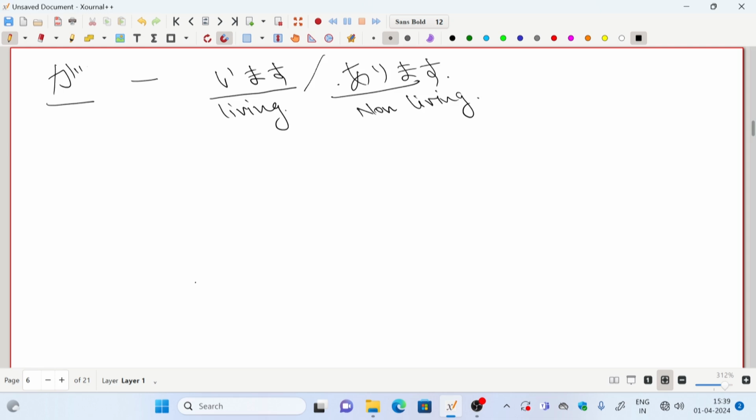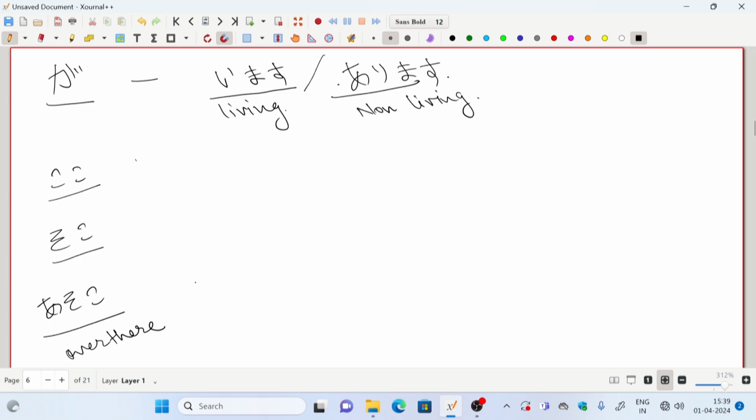So if you are saying somewhere like koko, soko and asoko, we have done this. Koko is here, soko is there and asoko is over there, which is far for both.